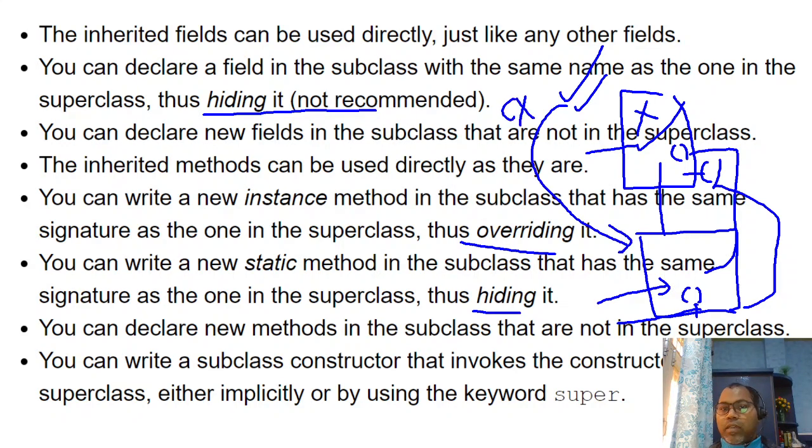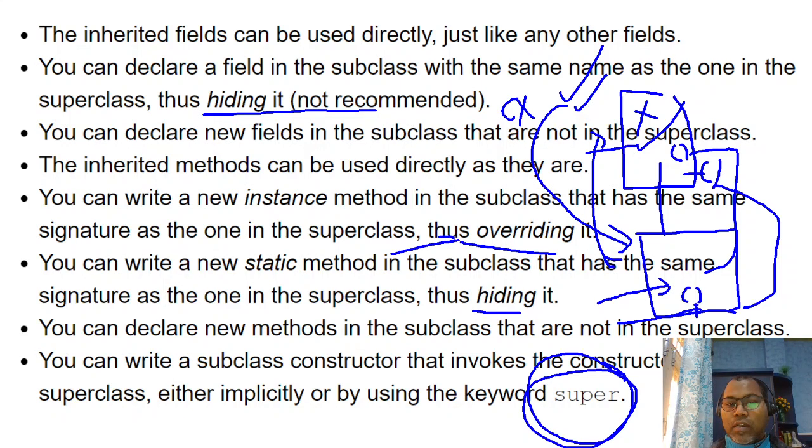Constructors cannot be inherited. Okay, so if you want to invoke the superclass constructor from the subclass constructor manually, you have to use the super keyword. The super keyword is used to invoke the superclass constructor from your subclass constructor. So these are the few points you have to remember, majorly method overriding and method hiding.